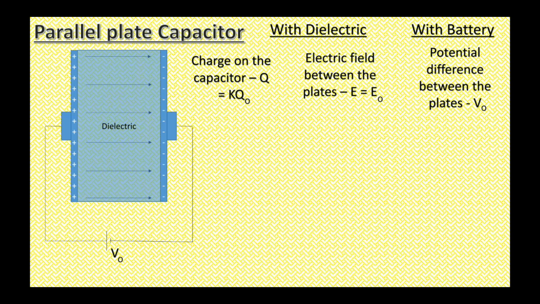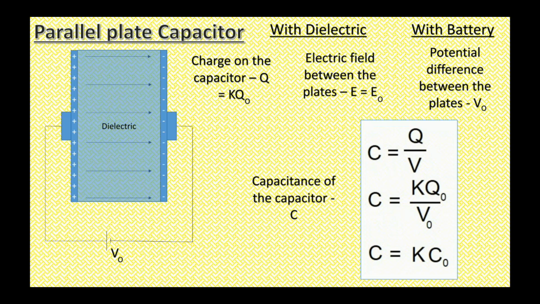The electric field has to be increased. How is it increased? By increasing the charges on the plate. If the charges on the plate increase, the electric field will also increase and it will regain its original value. Hence, the charge on the capacitor in this setup is K times the original charge. Now using this, you can calculate the capacitance.